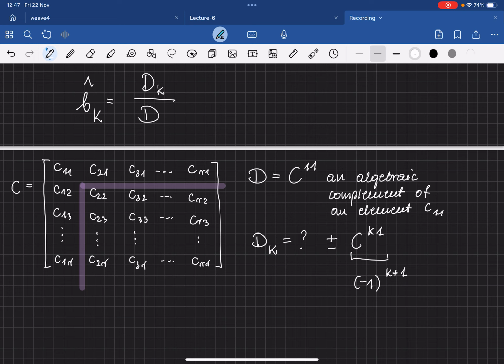And another problem is that here, when we calculate the algebraic complement, this column that should be put in the position k is in the first position. Therefore, I have to switch order and put this column in the right position.